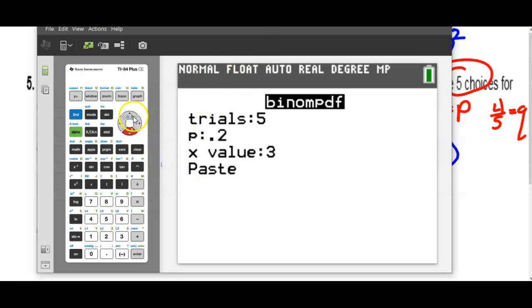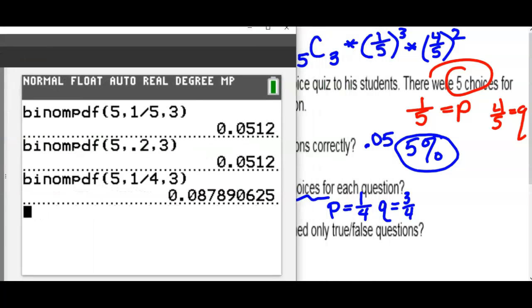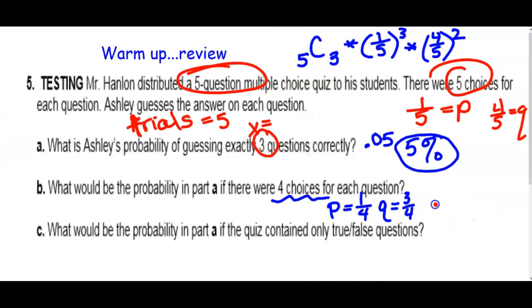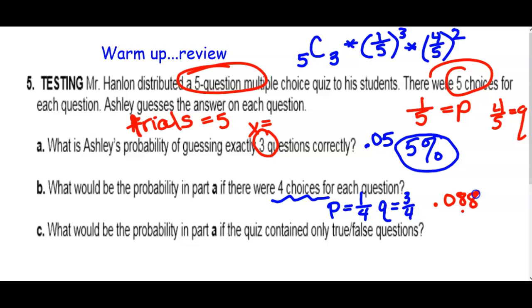That hasn't changed. But this time, it's a 1 in 4 or 0.25 chance that she guesses correctly. So this time it's up a little bit. She has a 0.08, what did that say? 7, so 0.088, almost 9% chance that she manages to guess 3 correctly. Still very bad. Don't guess on the whole quiz.